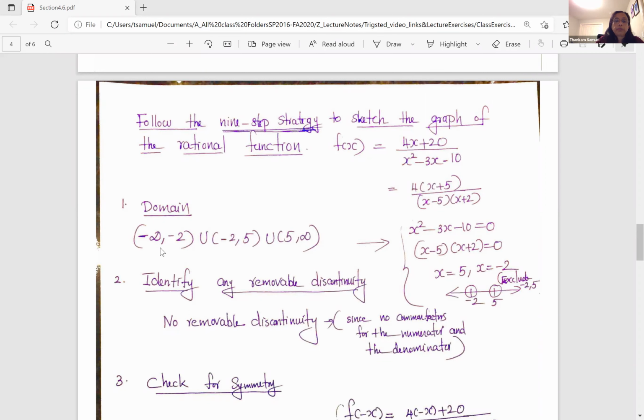So the domain is negative infinity to negative 2, union negative 2 to 5, union 5 to infinity.